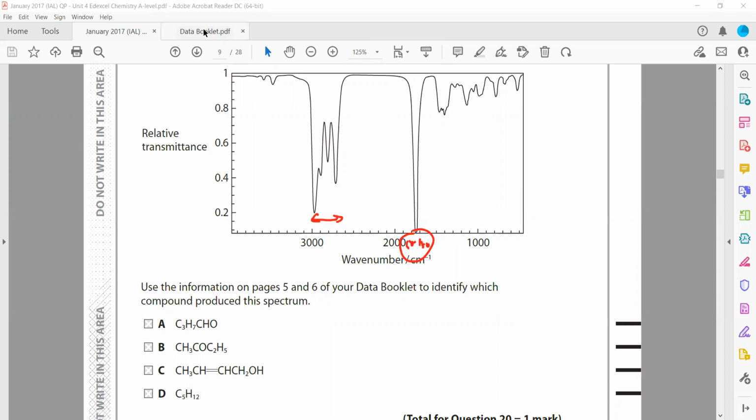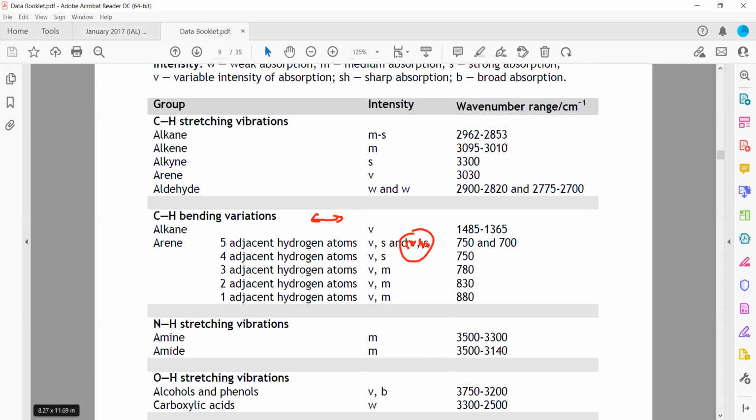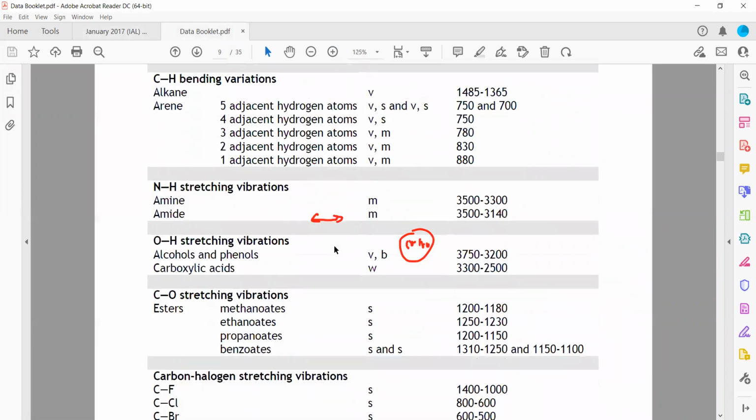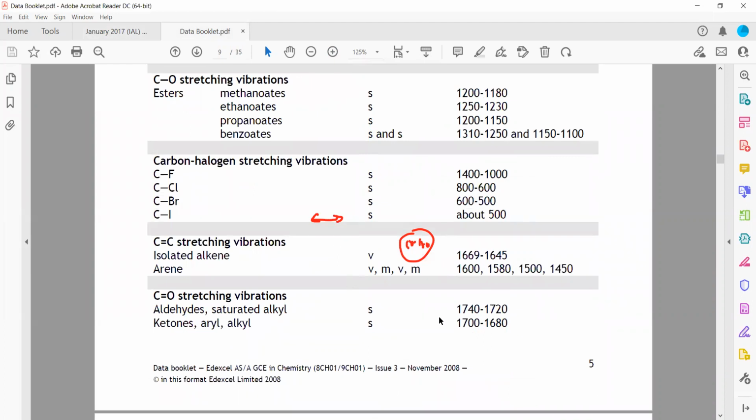So a sharp peak at 1740. So it will be either an aldehyde or a ketone. But a ketone has a peak from 1700 to 1680, so before 1700.